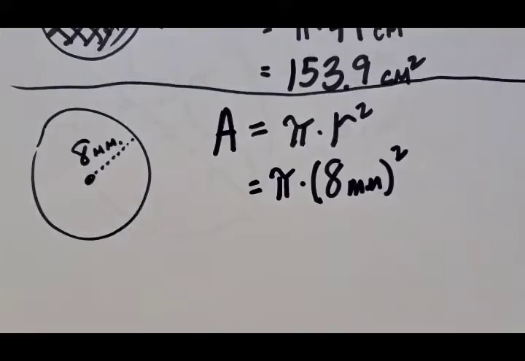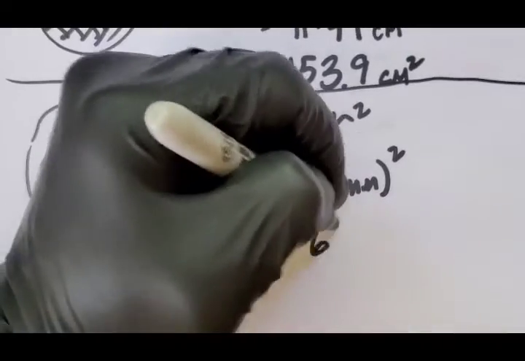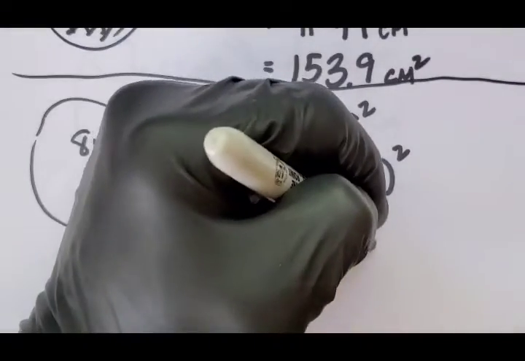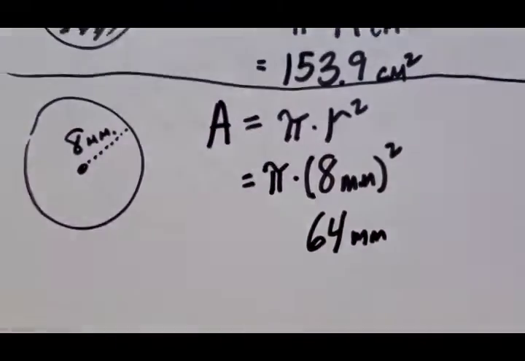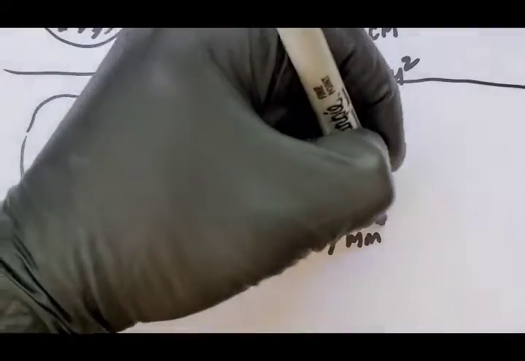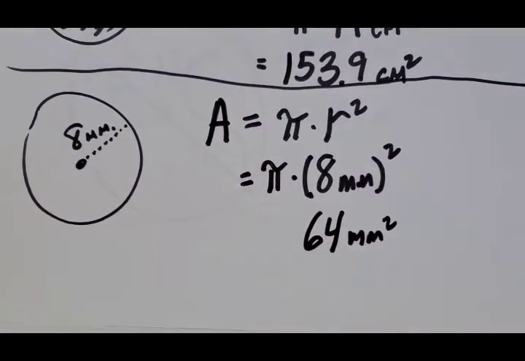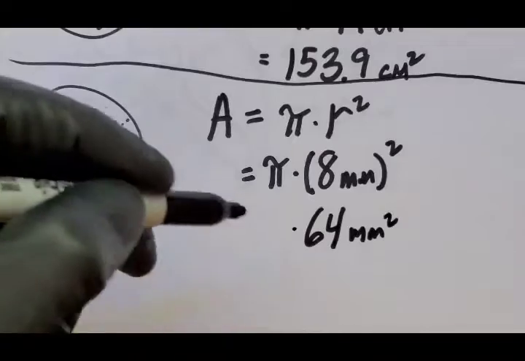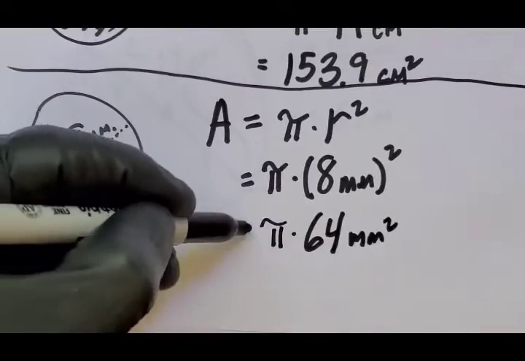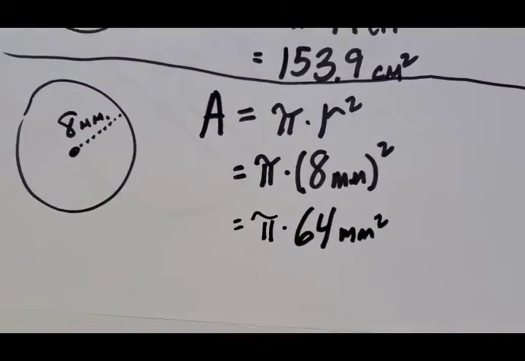So the area will equal pi times 8 millimeters squared. If you square 8, it's going to be 64, not 16. And then the units, millimeters times millimeters, just become millimeters squared. All right? We're going to multiply that with pi, and that will give us our final answer.